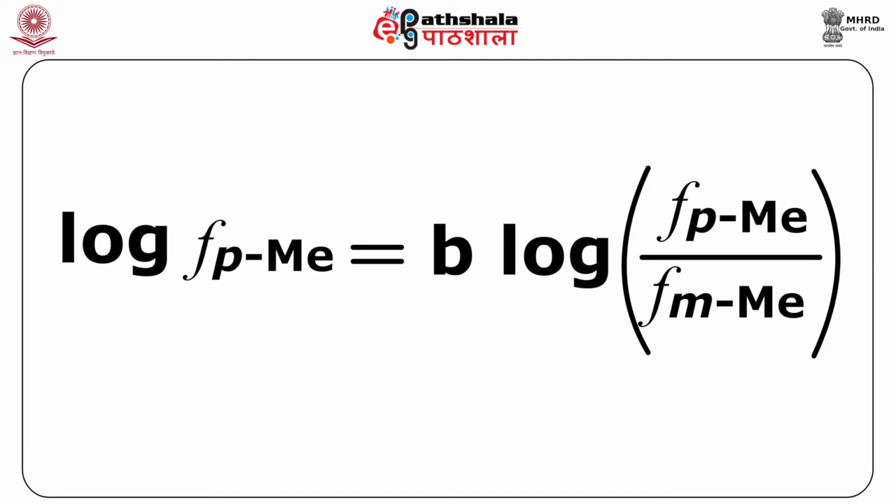This proportionality can be expressed as log F of paramethyl is equal to B log of F of paramethyl divided by F of metamethyl, where F of paramethyl and F of metamethyl are the partial rate factors for substitution at para and meta positions respectively.